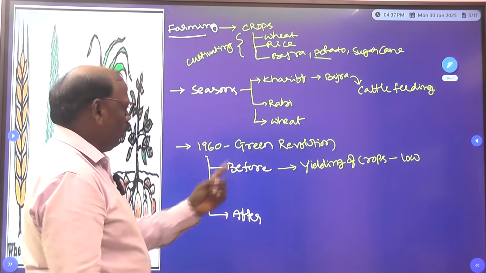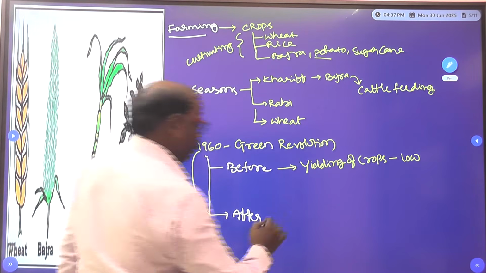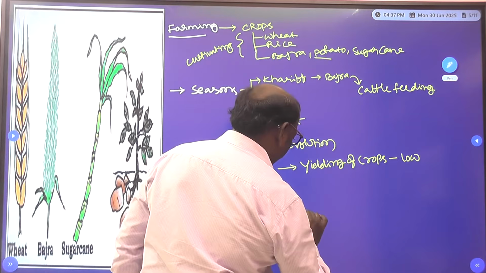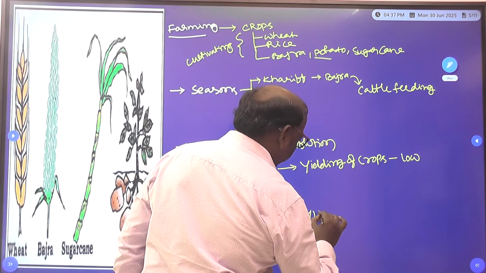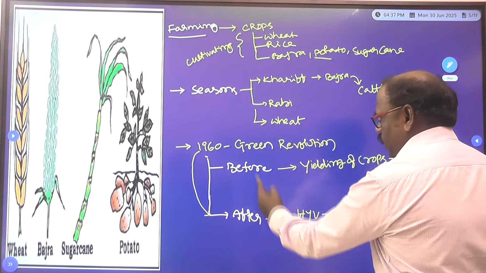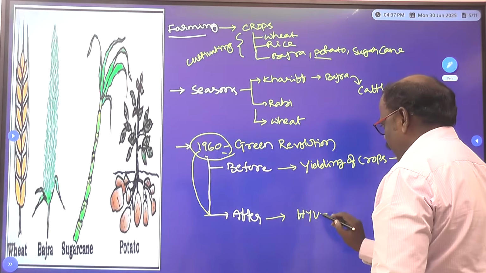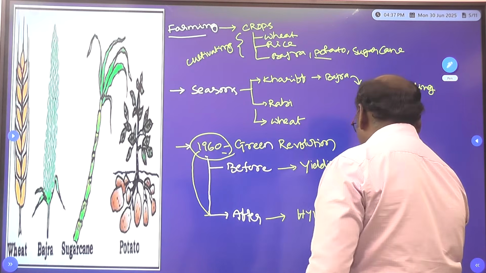When the green revolution came into the picture, there were high yielding varieties. When the green revolution came during the year 1960, HYV came into the picture.